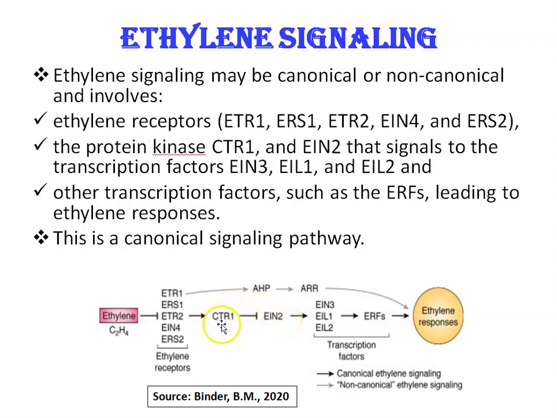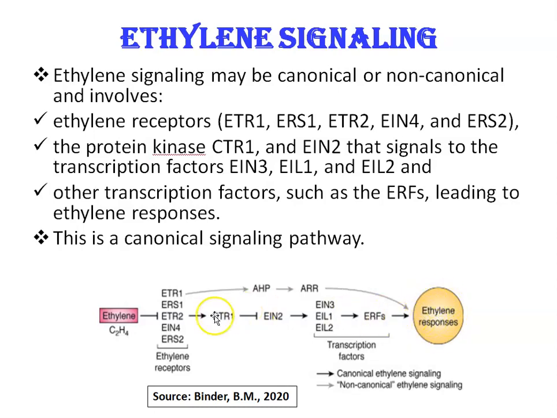What is the function of these protein kinases? They signal to the transcription factors present next to them. Transcription factors EIN3, EIL1, and EIL2, and then 2 other transcription factors, these are ERF, ultimately leading to ethylene responses.